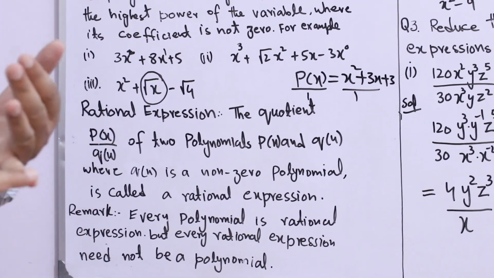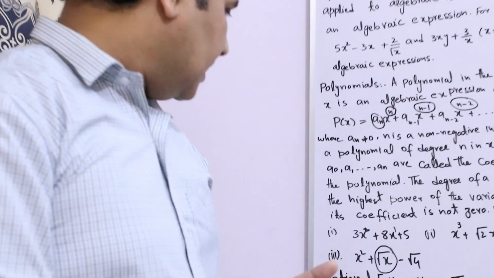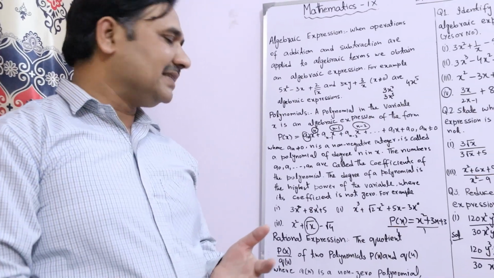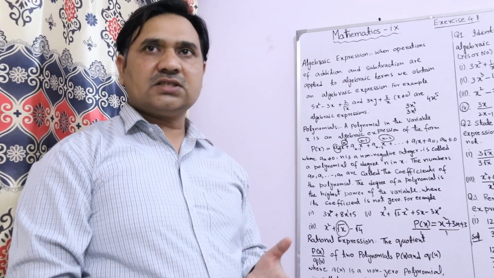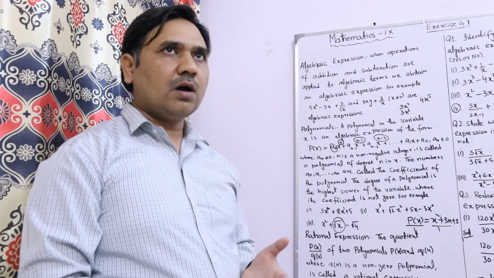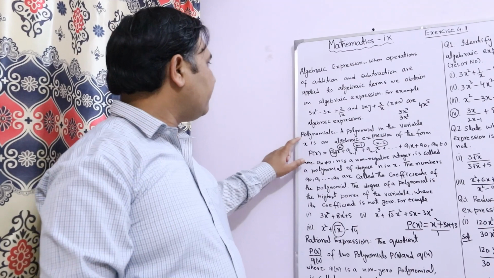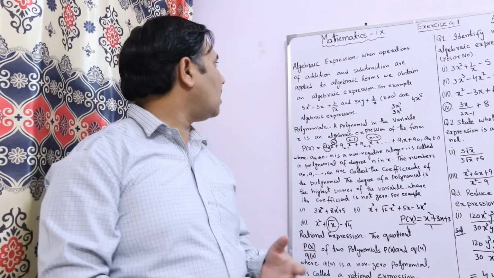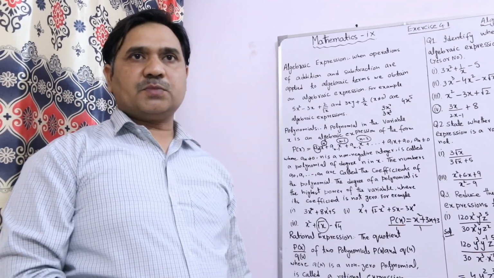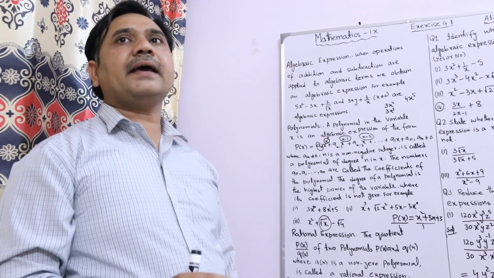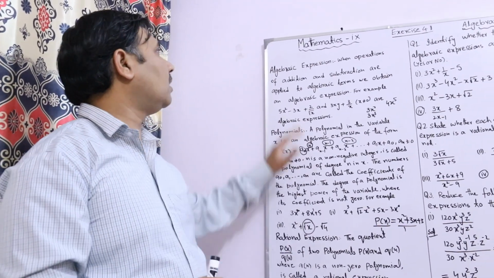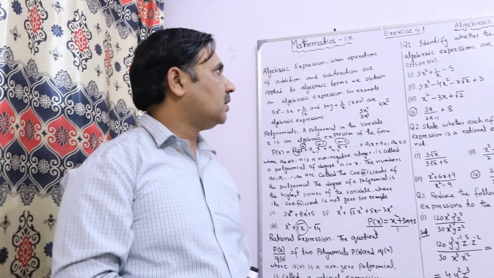So you have to remember that a polynomial is a rational expression, but a rational expression is not necessarily a polynomial. Another thing: every polynomial is an algebraic expression, but every algebraic expression need not be a polynomial.